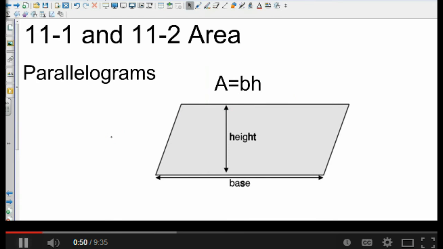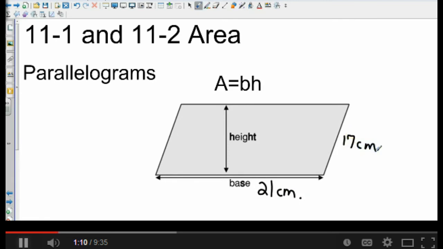So let's make an example problem of this. Let's say that this base is 21 centimeters. Let's say that the sides are 17 centimeters.